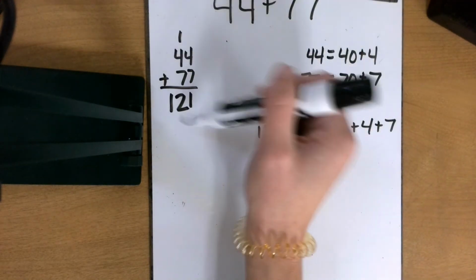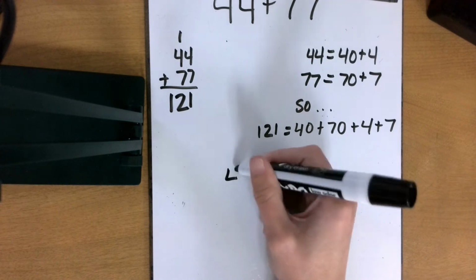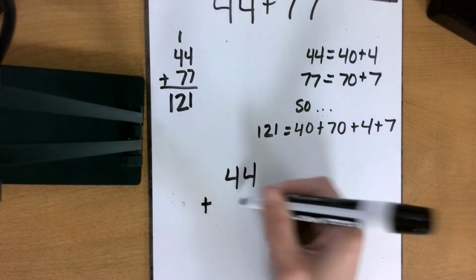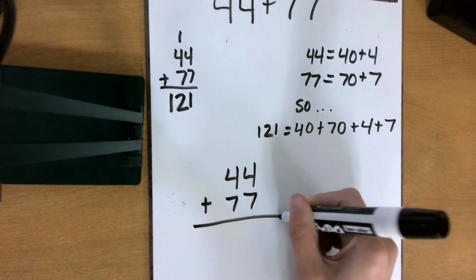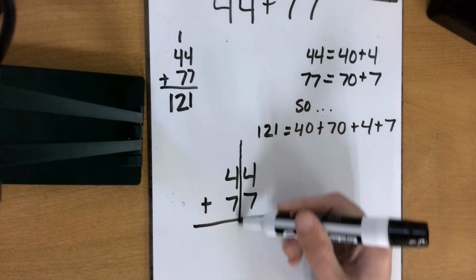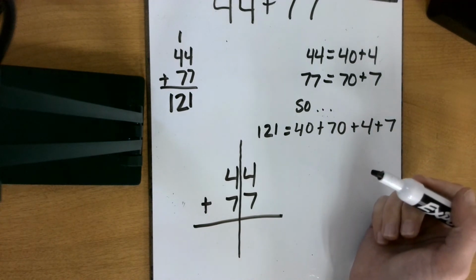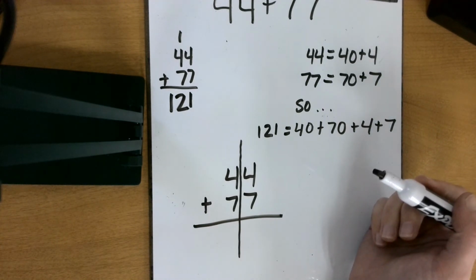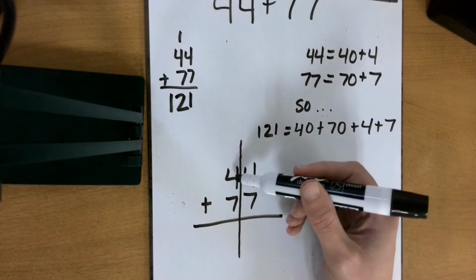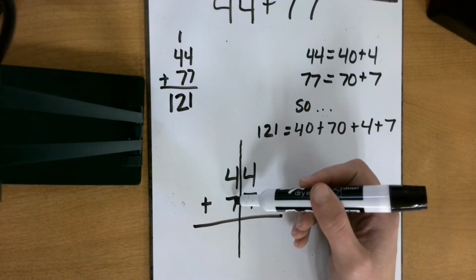Something else you might think about, friends, is what's called the partial sums addition algorithm. And it's set up similarly to the traditional algorithm, where I set it up and down. Okay? What I typically like to do is draw a line to separate my place value columns. And I think about the first thing I'm going to do is count up, the value of that 4 is 40, the value of that 7 is 70.